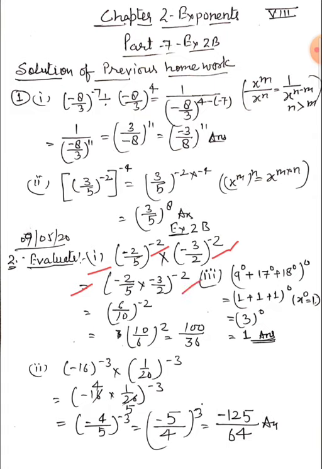Minus 2 we write as a common power of both bases. And you know this is a multiplication. So how can we multiply rational numbers? Numerator to numerator and denominator to denominator. So minus minus is plus, and 2 threes are 6, 5 twos are 10. Then (6 upon 10) raised to power minus 2.